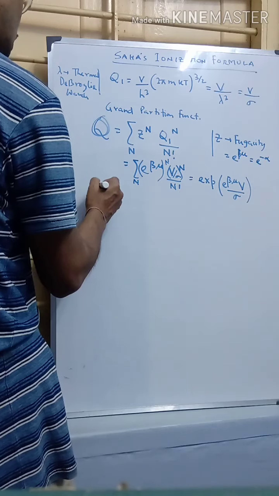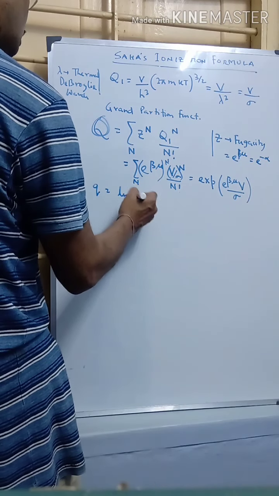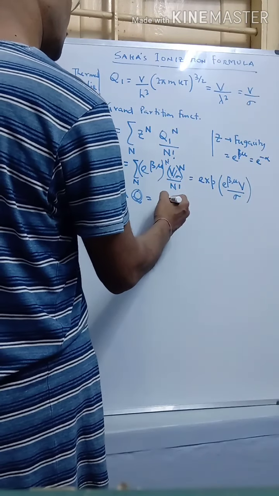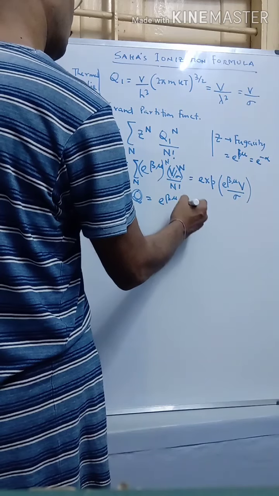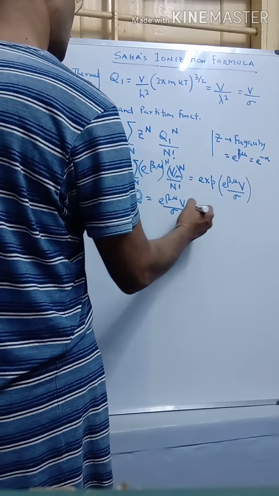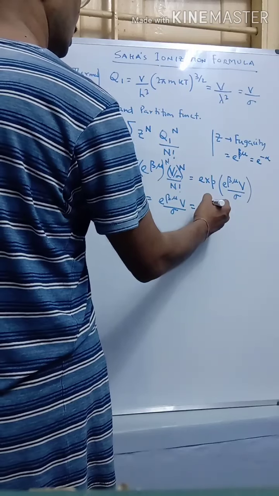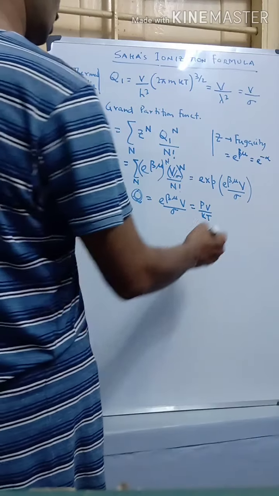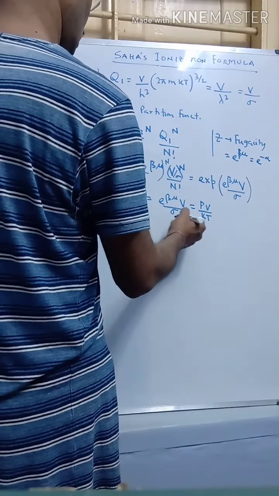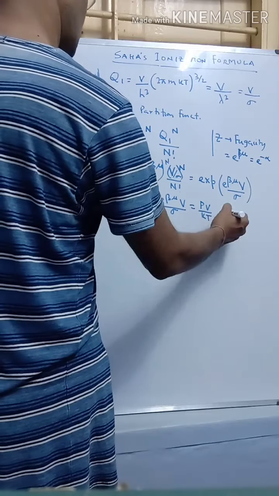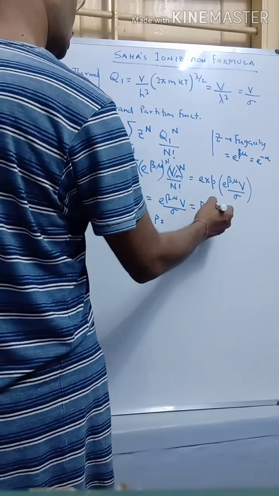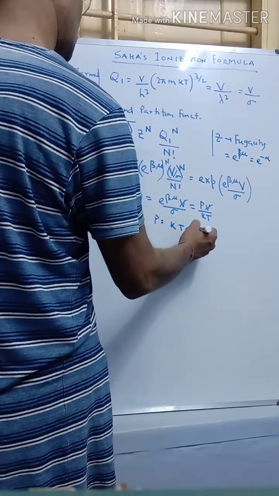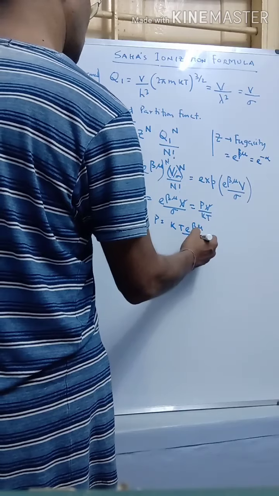We can then define the q potential, which is equal to ln of the grand partition function, which is e to the power beta mu V by sigma, and this can be equated immediately to PV by kT. So from here the pressure exerted, with V cancelling out, is kT e to the power beta mu by sigma.